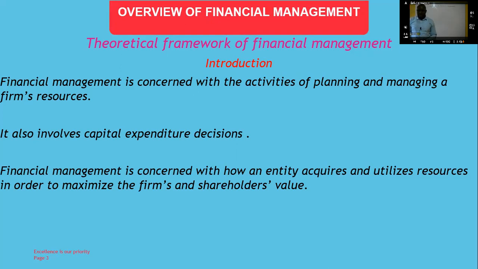We are going to look later on at the goals of a firm, and one of the goals of a firm is to maximize shareholder value. So you're going to look at how a firm can manage its resources by the way it acquires and utilizes them in a manner that maximizes the firm value and also the shareholders' value.